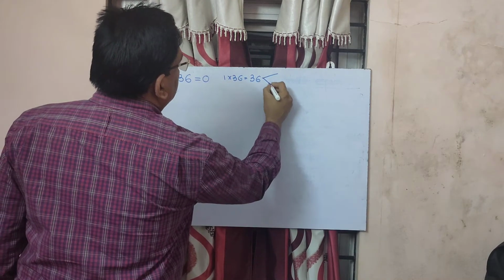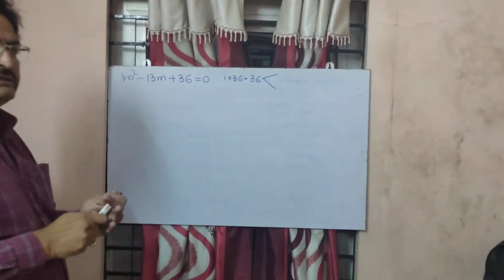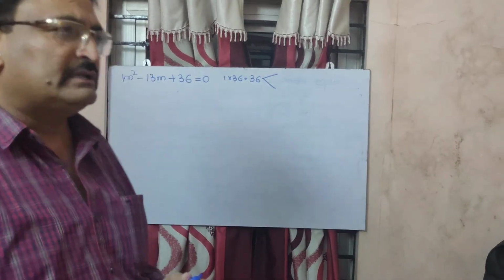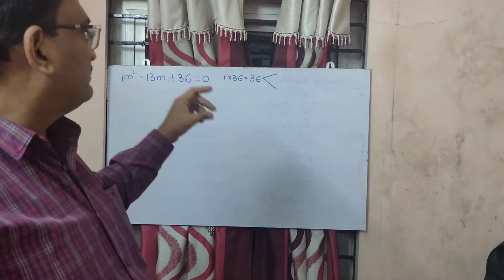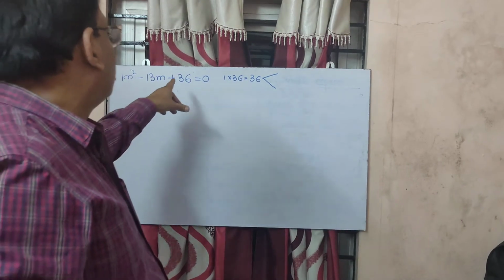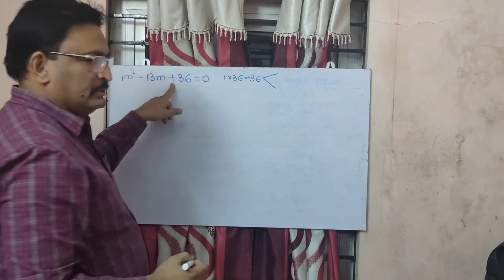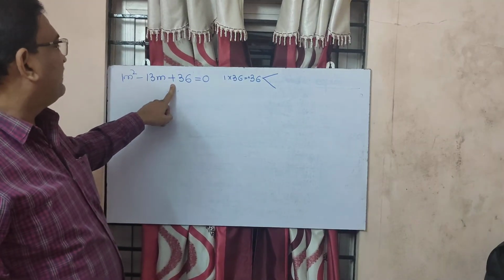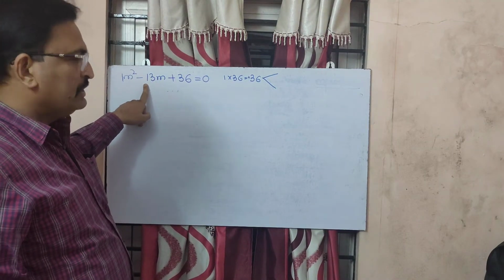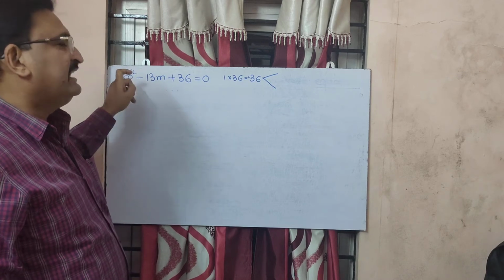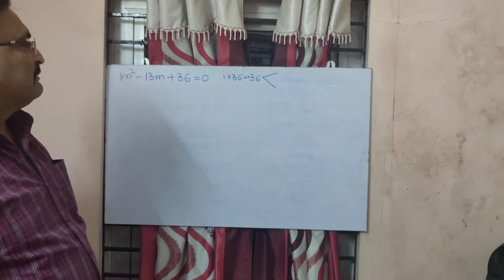So what are the two numbers? If you multiply those numbers, you should get plus 36, and if you add them, you should get minus 13. So what are those numbers?